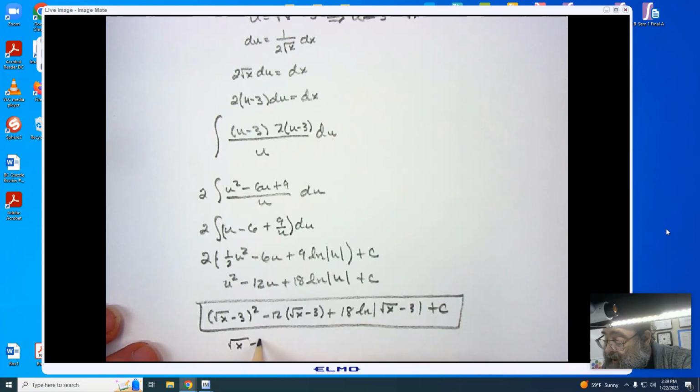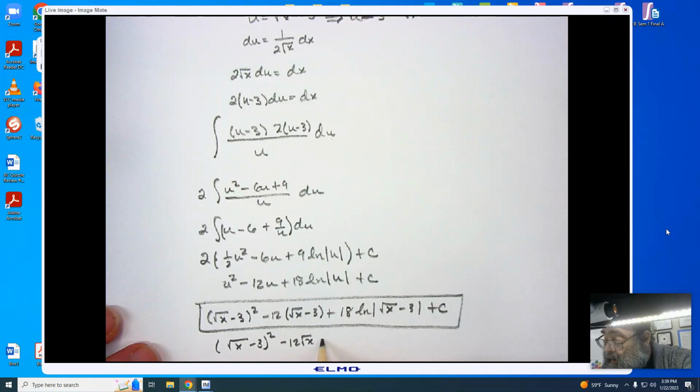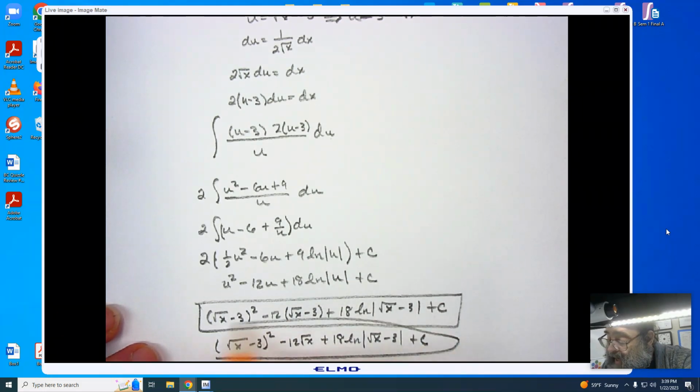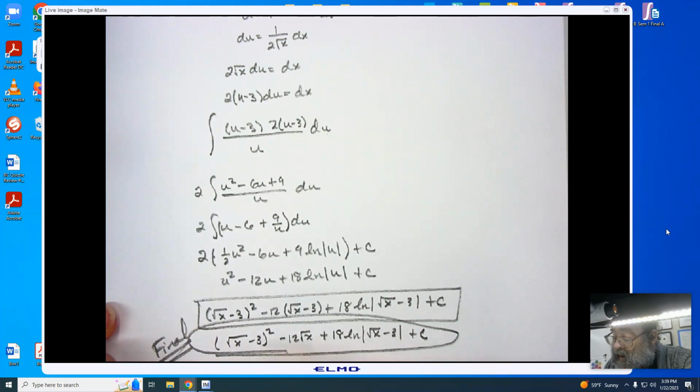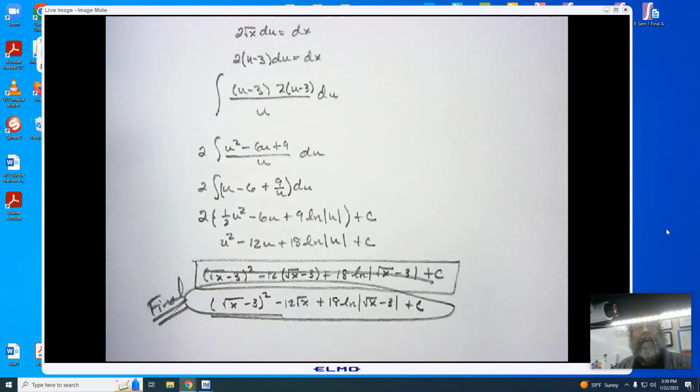Square root of x minus 3. I am not going to FOIL it out. And I now have c, and that would be my final answer right here, and not that one.